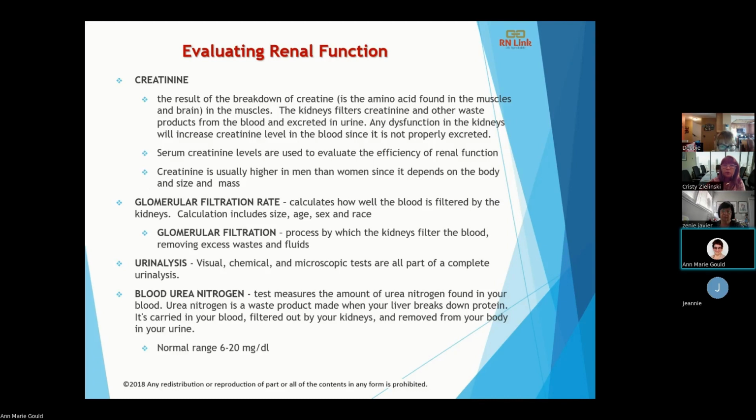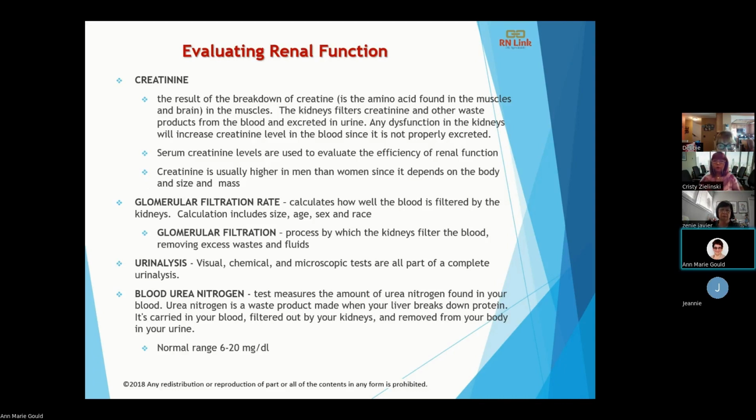Now, when we're evaluating the renal function, these are the main tests that we look at, right? The creatinine is one of the biggest things. And this is the result of a breakdown of creatinine, the amino acid found in the muscles and the brain, which breaks down within the muscles. Okay.